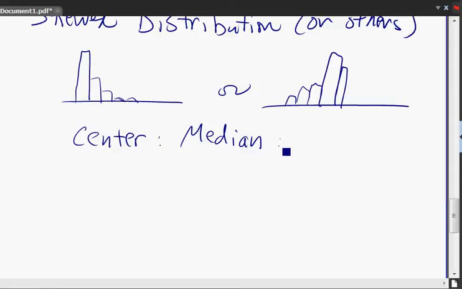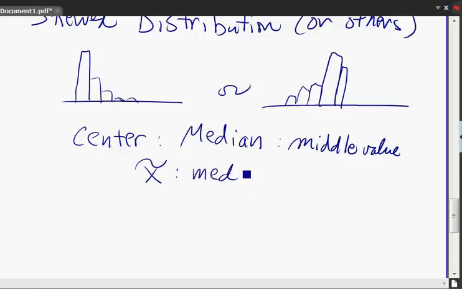The median is defined as the middle value. It is usually abbreviated X with a squiggle line over the top, but the AP syllabus does not use that abbreviation. They will use the abbreviation MED, and that's the abbreviation in your calculator.